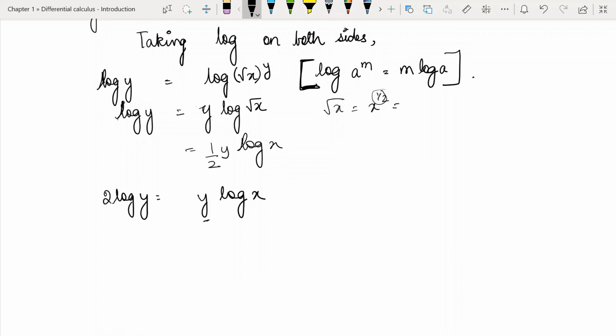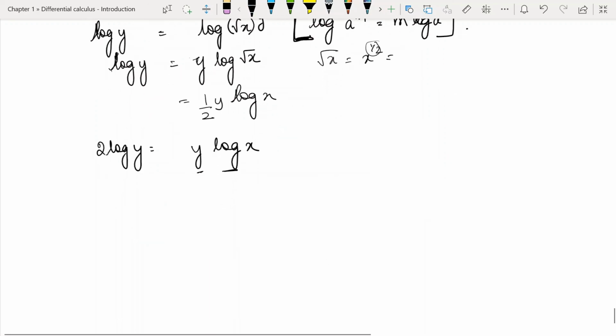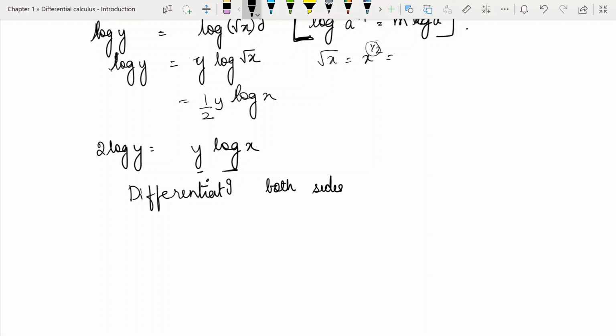Now let's apply the product rule on this side, and this side would be the regular differentiation. So let's write down, differentiating both sides with respect to x. Keep the 2 constant as it is.